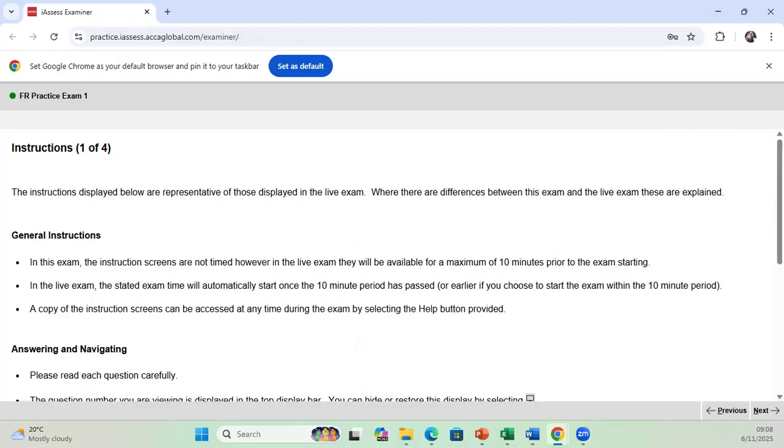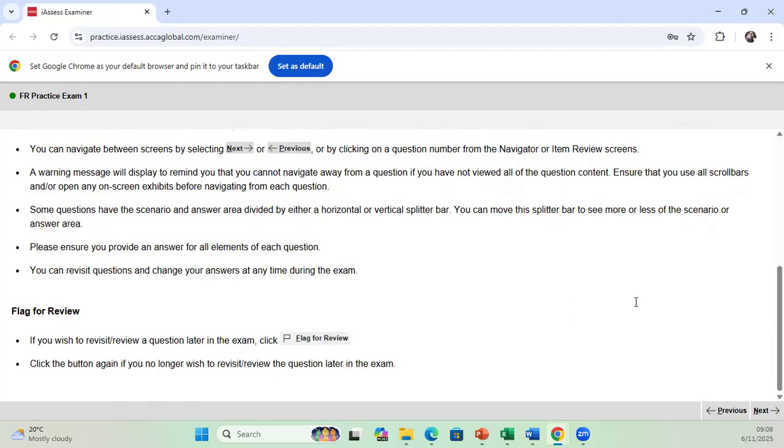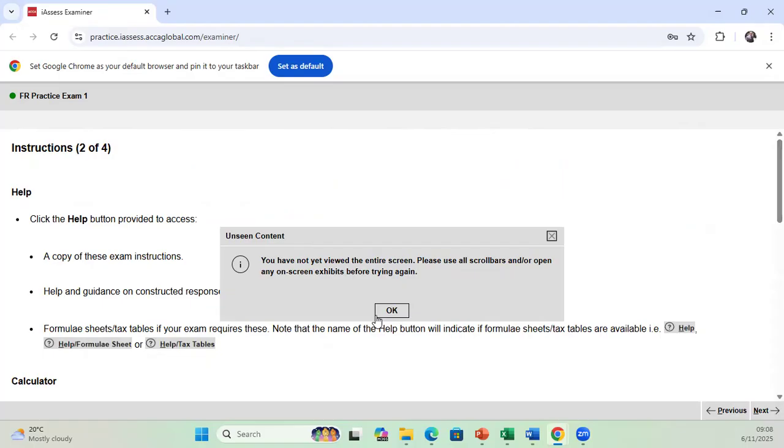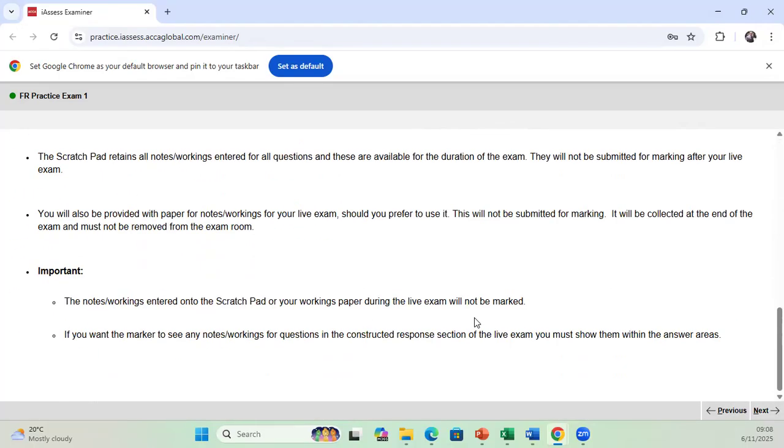Provided that within those 10 minutes you read the instructions, it does not add to any time you will use in the exam. So when you start the first question, that is when the time starts afresh. This just saves you from exhausting your mind going through all this in the exam, because you will already have met most of it.